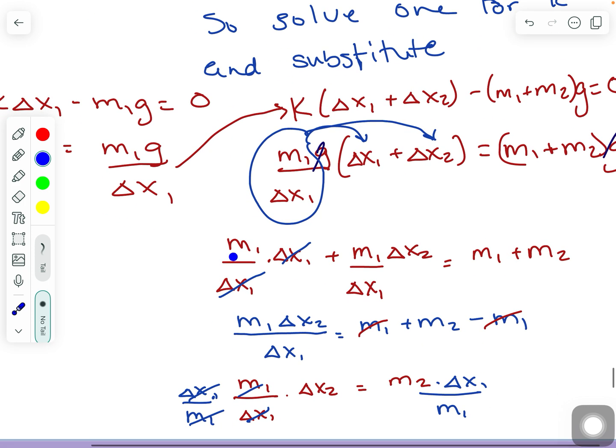When I do that, I get m1 over delta x1 multiplied by delta x1 plus m1 over delta x1 times delta x2. And as you see, I've canceled out my delta x1s in the left part of the left-hand side of the equation. And I just haven't done anything over here. I just have m1 plus m2.